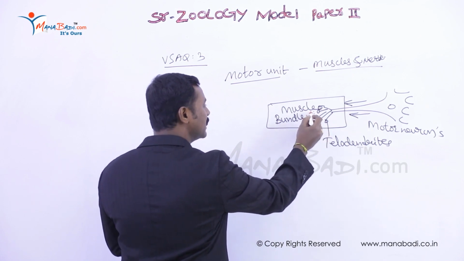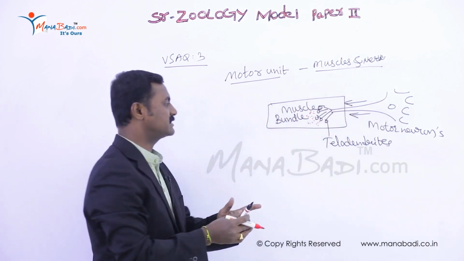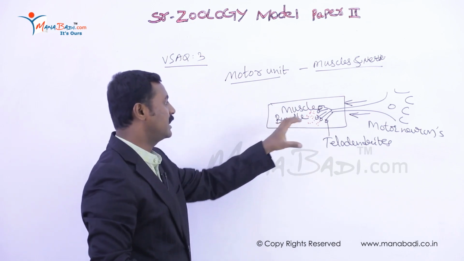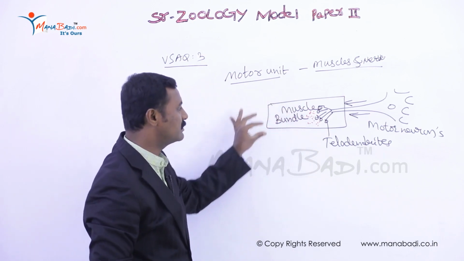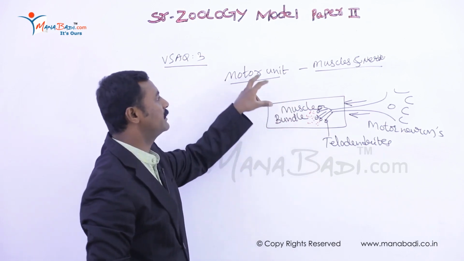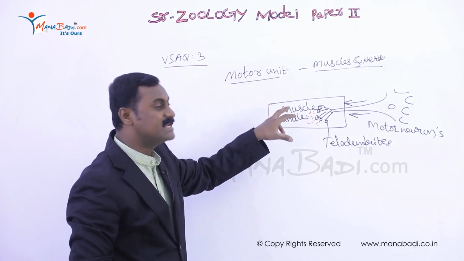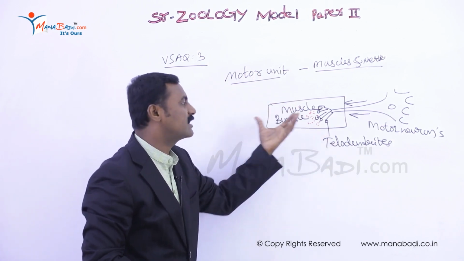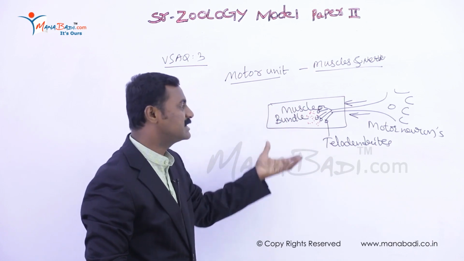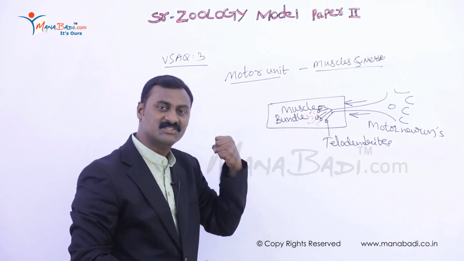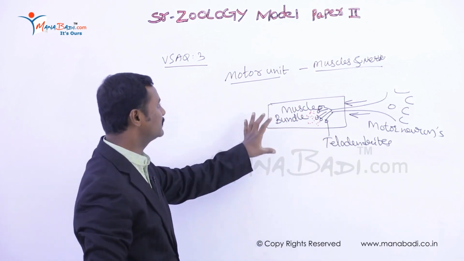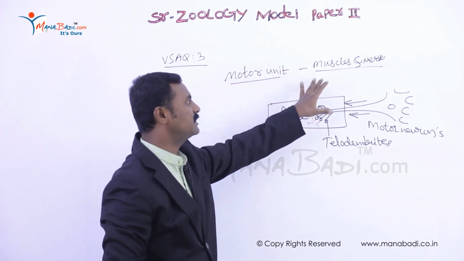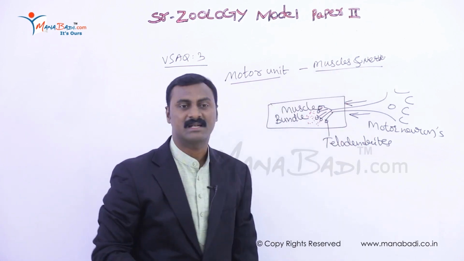The telodendrites which are innervated into the bundle of muscle fibers together are called the motor unit. It is very important for the activation of the muscle bundle for contraction. So that is the motor unit in concern with muscles and nerve.